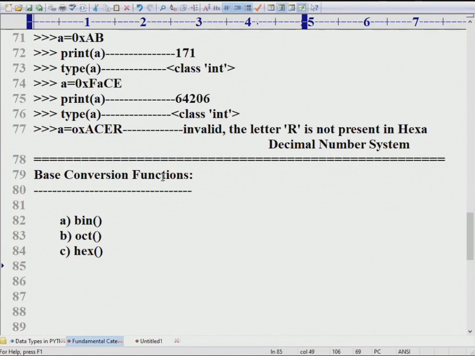Try to understand me carefully. So I'm writing the statement. You must always understand the purpose.